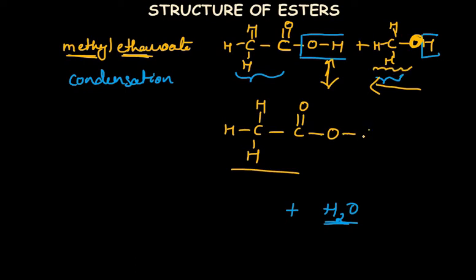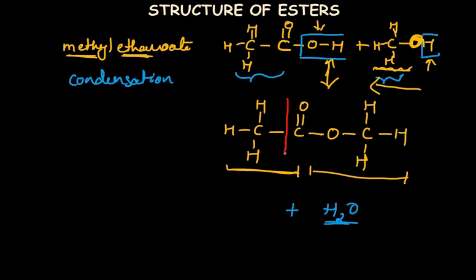So the remaining carbon chain has only one carbon, and this is how we get the structure of methyl ethanoate. So in the structure, remember, draw the acid part first till C double bond O, remove the OH of the acid, the H of the alcohol, reverse the alcohol and join it with the acid part, and this makes the ester of acid and given alcohol.